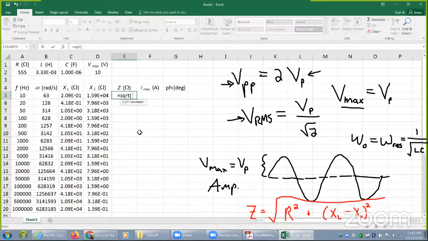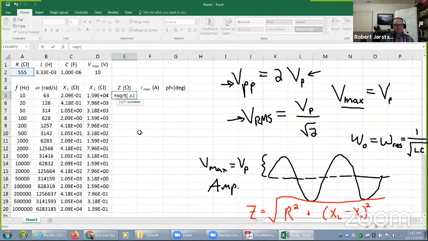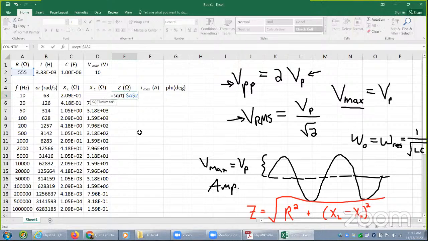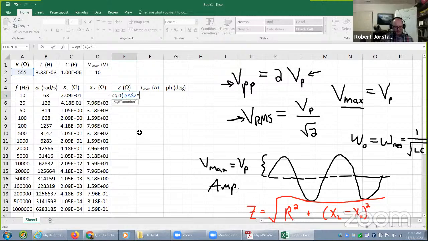A2. Do I need dollar signs? Yes or no? Yes, because it's a constant. And then square it. Good. Plus, I'm just putting in all the parentheses.